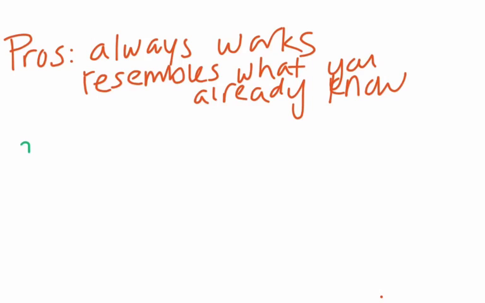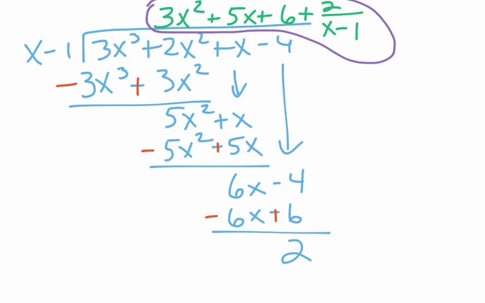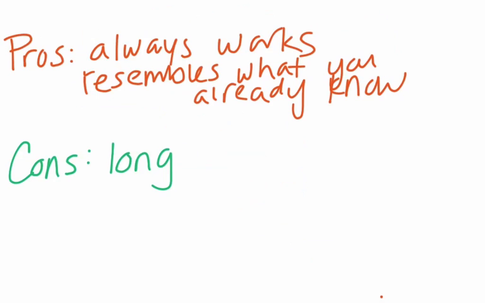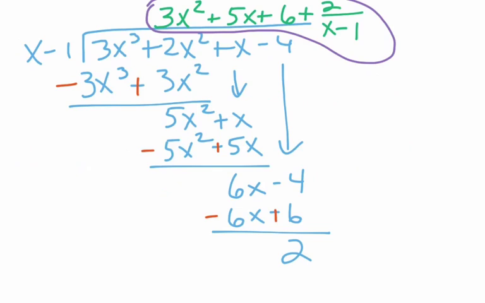But that is not to say that this method does not have its cons. One of the biggest cons is that it is a long process. It is something that takes a lot of time. There's a lot of steps. Anytime you have something that is a long problem, that makes it error prone, because there's just so many pieces of the problem.